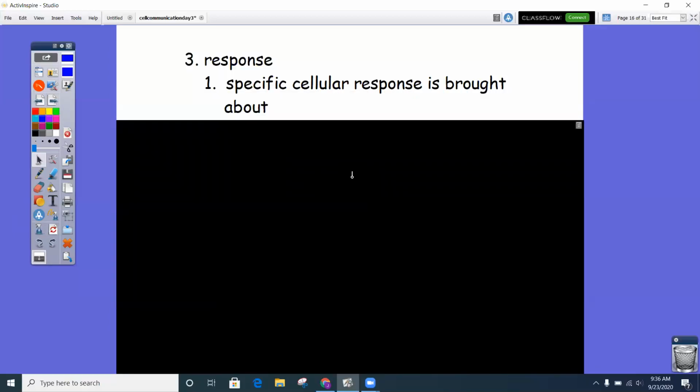Okay, then we have response. Let's just take this a little bit at a time. Response just involves the specific cellular response. Like I said, a lot of times this is going to involve activating a certain protein inside the cell, and that protein can go bind to a specific section of DNA and cause it to come undone, cause it to come unwound, and activate that section of DNA.